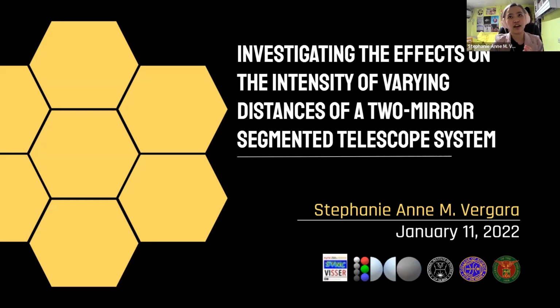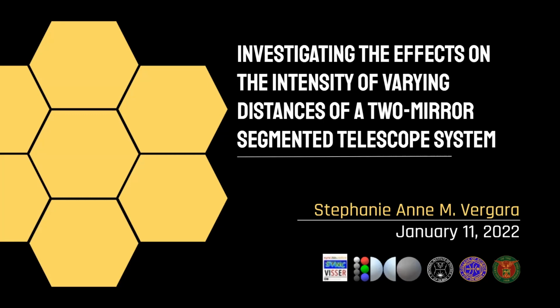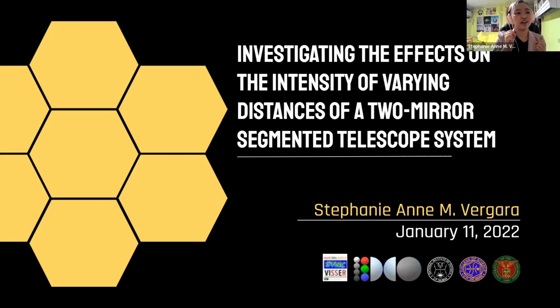So for example, if you want to image a star very far away, some observatories are okay with using monolithic telescopes, which is telescopes with only one mirror, since it's not as big as the extremely large telescopes, which is the trend now.